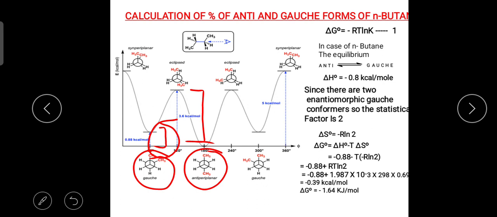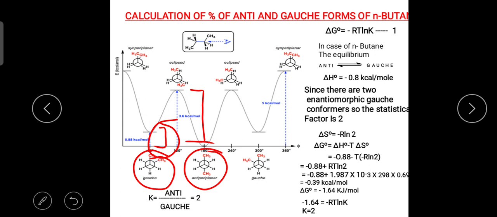If we put this ΔG0 value into the first equation, that is equation number 1, then you get the K value equal to 2, and this K implies the equilibrium constant. Therefore we can say that K equals anti by gauche equals 2, and this value indicates the distribution of various conformations in n-butane.